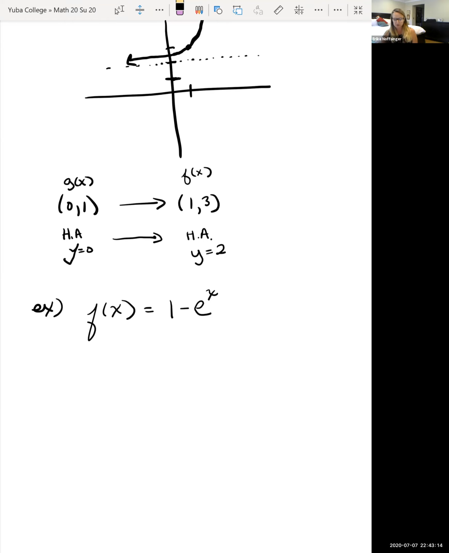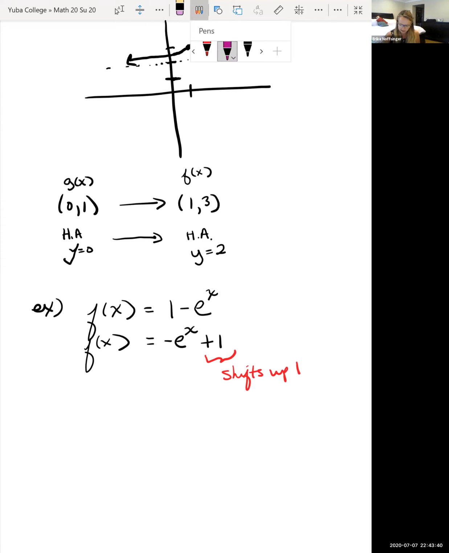If it helps you to rewrite it, that constant really is negative e to the x plus 1. I don't know if that helps you recognize the vertical shift more, but they're the exact same thing. So that plus 1, again, is a vertical shift. But it's up 1. This negative here, though, is affecting our y value.